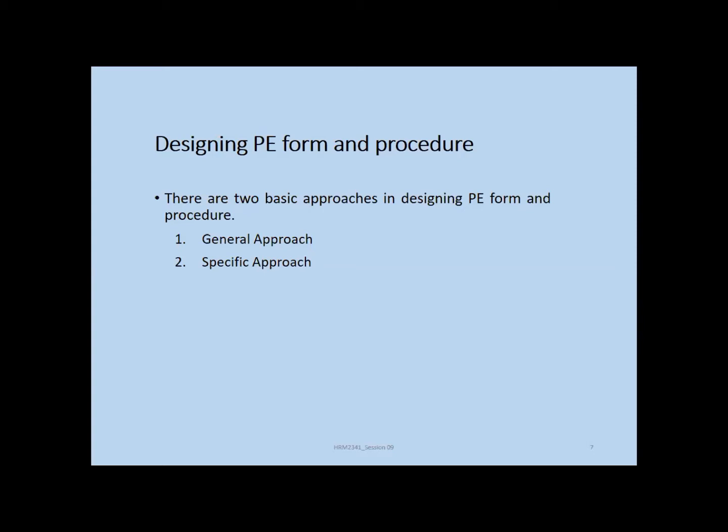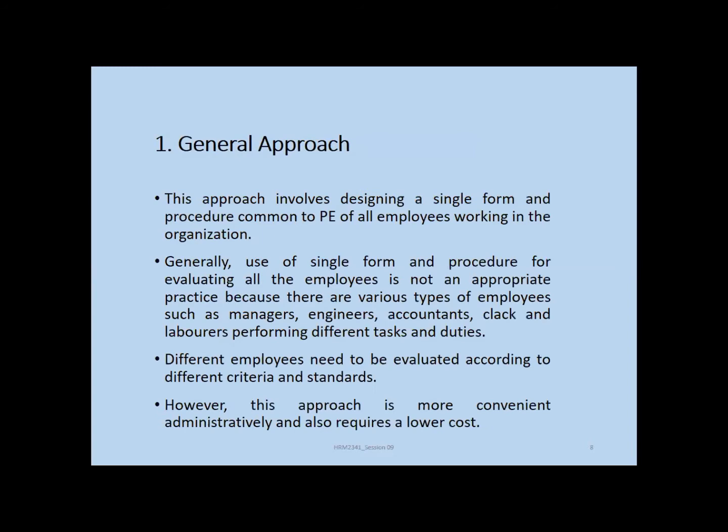We are going to discuss them one by one. The general approach involves designing a single form and procedure common to performance evaluation of all the employees working in the organization.